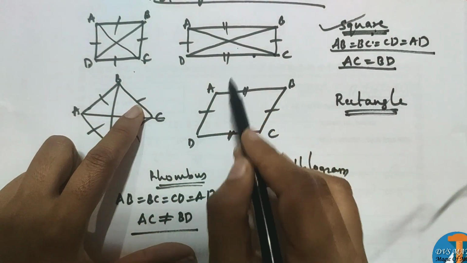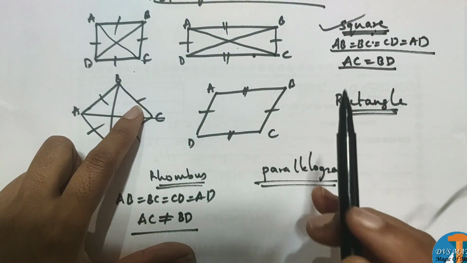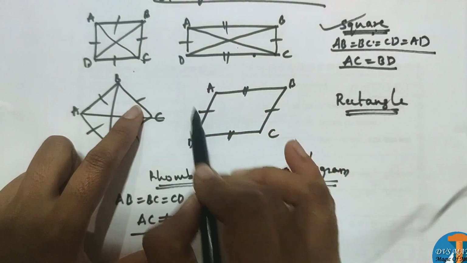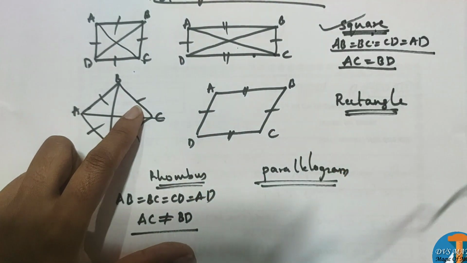Now if we come to these two, that is parallelogram and rectangle, in this case opposite sides are equal.